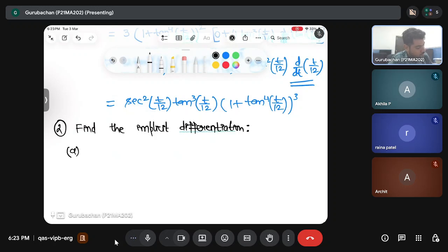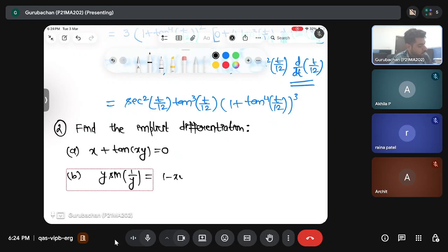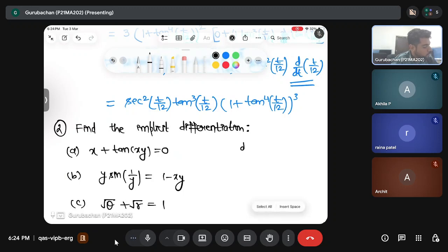First one is x plus tan xy equal to 0. Second one is y sine 1 by y is equal to 1 minus xy. And third one is under root theta plus under root r equal to 1.